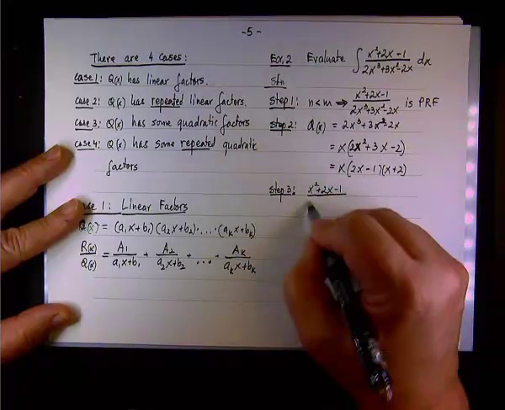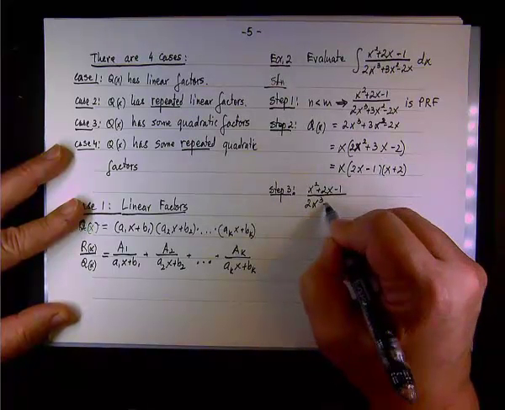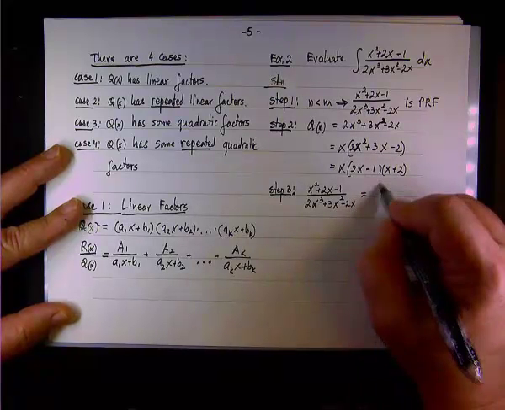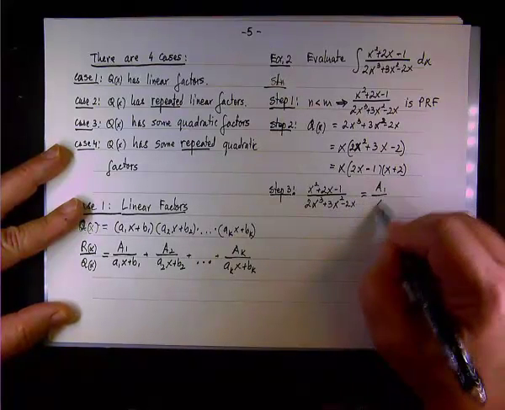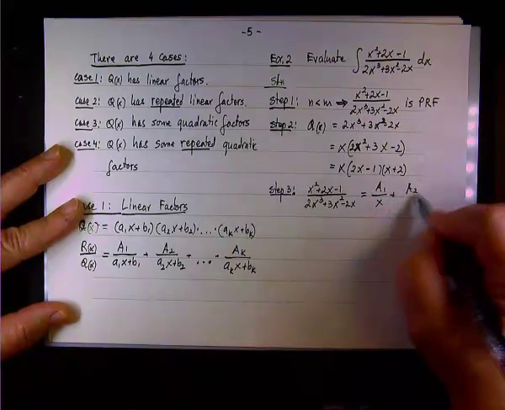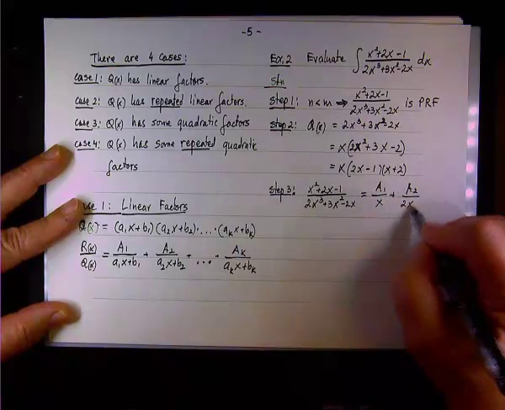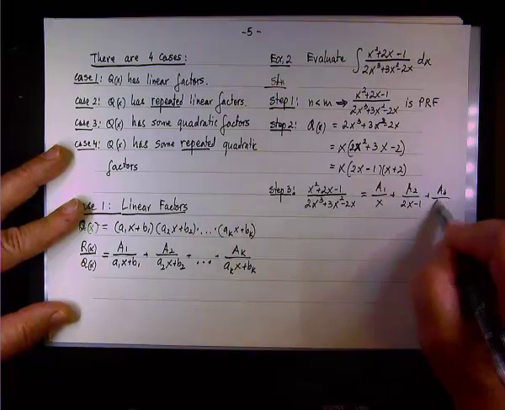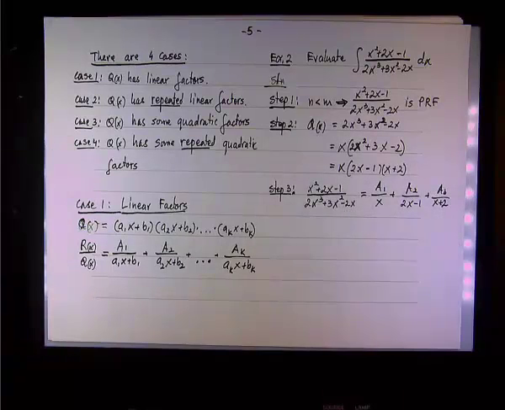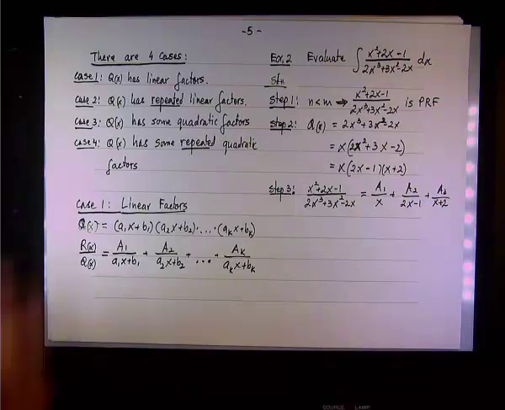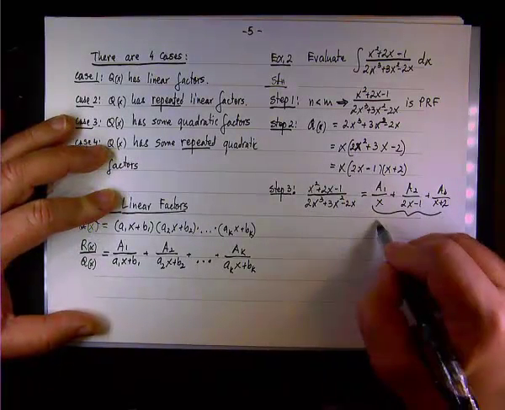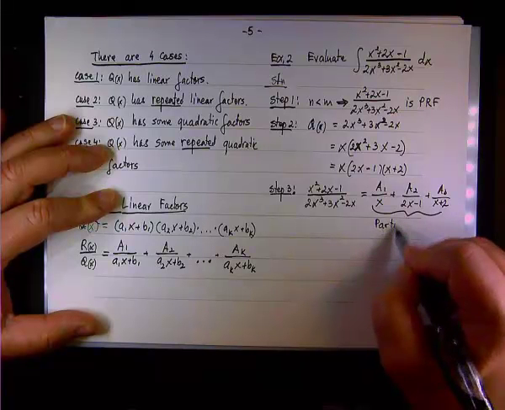So (x squared plus 2x minus 1) divided by (2x cubed plus 3x squared minus 2x) can be written as the following: a1 over x plus a2 over (2x minus 1) plus a3 over (x plus 2). Okay? So here we are.